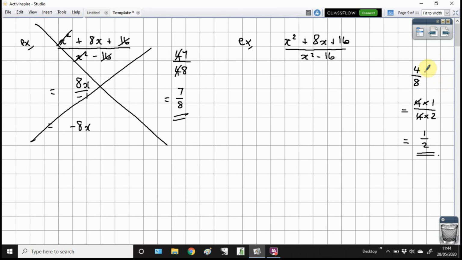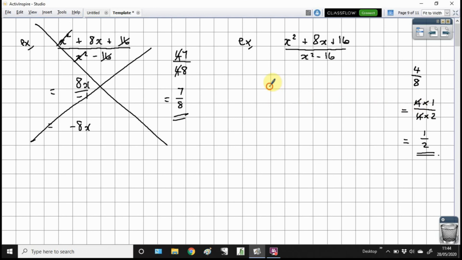We factorized the numerator, we factorized the denominator, and then we cancelled. We cancelled when we had a string of multiplications. That is how you cancel or simplify any fraction. It doesn't matter how complicated it is. I'll repeat it. You factorize the numerator, you factorize the denominator, and then you can cancel any common factors.